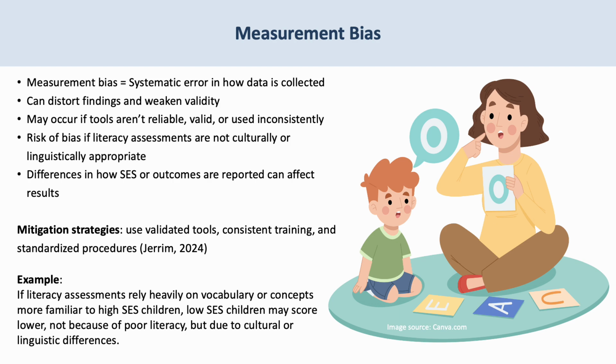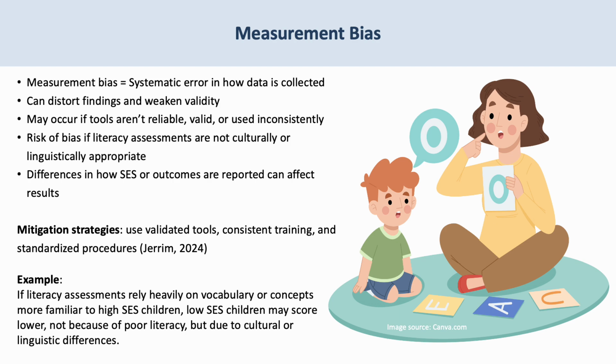Measurement bias can also occur if people administering the assessments are not consistent, or if parents interpret SES survey questions differently based on cultural norms or language barriers. So to reduce this risk, we'll need to use well-validated, age-appropriate tools and ensure that all assessors are trained and follow standardized procedures, as suggested in a case study from the UK reported by John Jerram on measurement error in preschool children's emerging knowledge and skills.